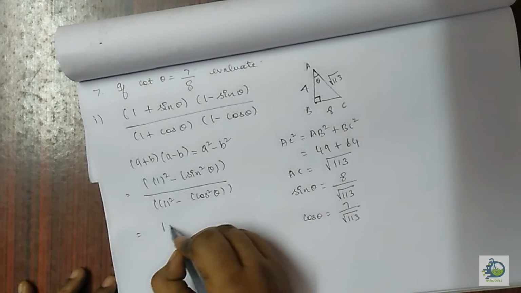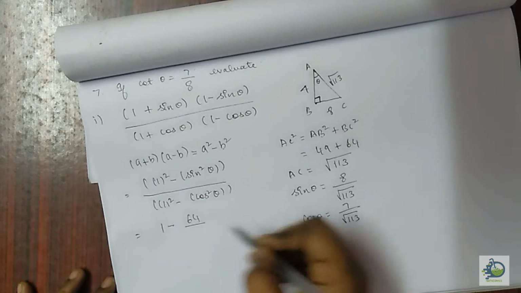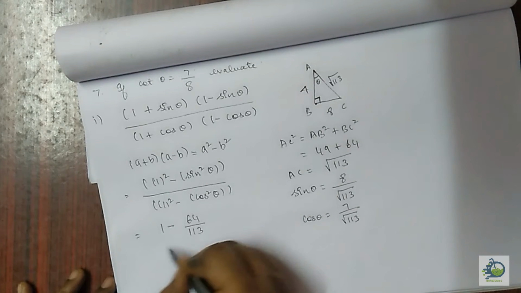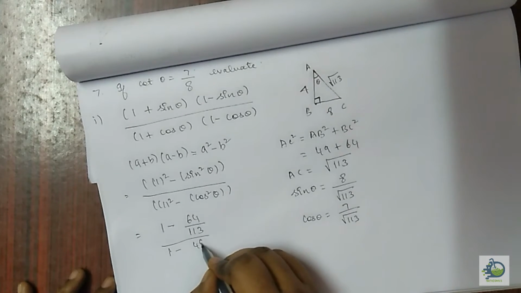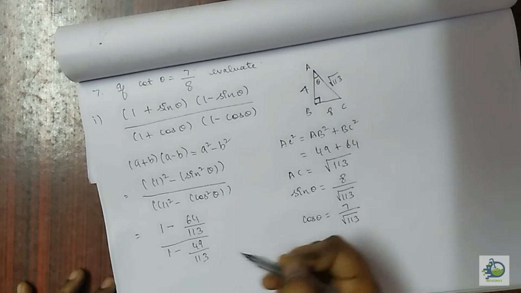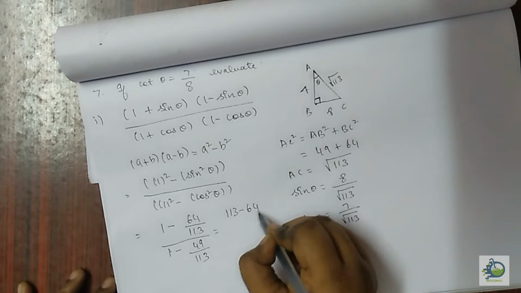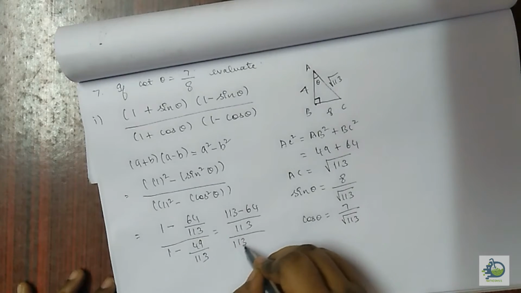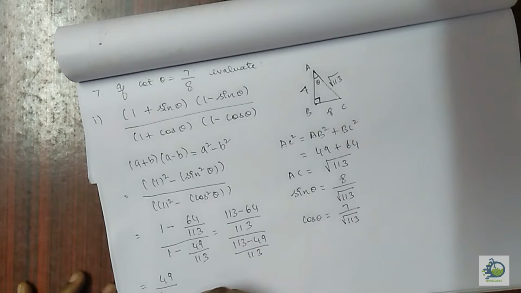So it becomes 1 minus sin square, which is 8 into 8, 64 by root of 113 into root of 113, it is 113, divided by 1 minus 7 square, 49, divided by 113. Now when we take LCM it becomes 113 minus 64 by 113, and here it becomes 113 minus 49 by 113.